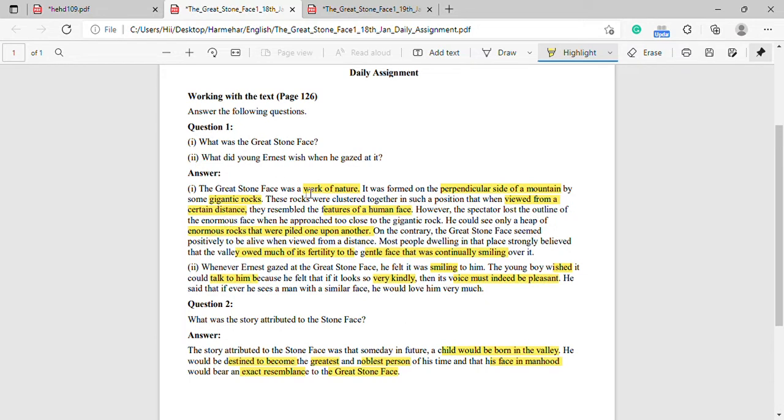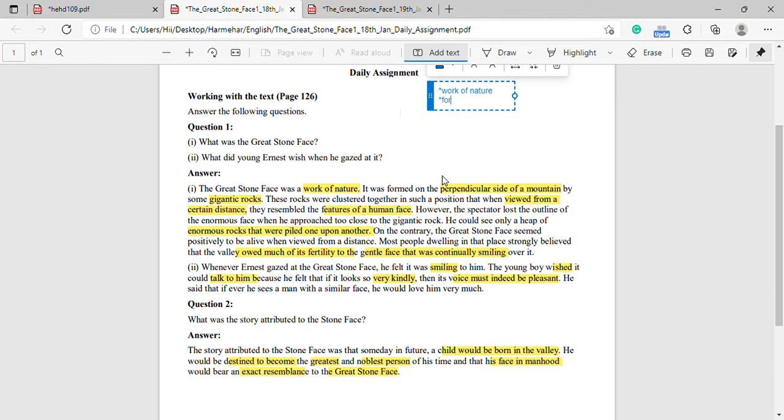Firstly, it is important to know that the Great Stone Face was a work of nature and it was not created artificially. So, our first point is that it was a work of nature. Secondly, it was formed on the perpendicular side of the mountain by some gigantic rocks.